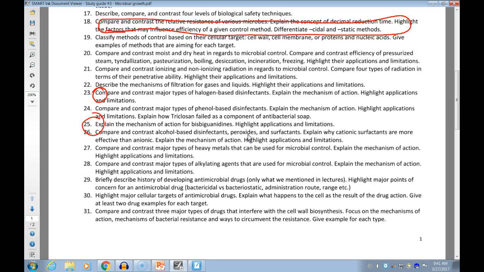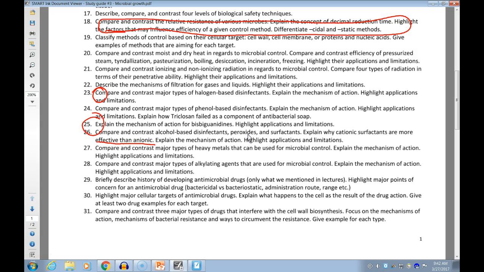They can be sterilizing in higher concentrations. For surfactants, two types, cationic and anionic, and why cationic are more effective than anionic. Because the cationic, being positively charged, effectively bind to the negatively charged surface of the bacterial cell.